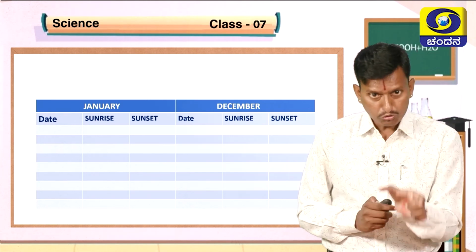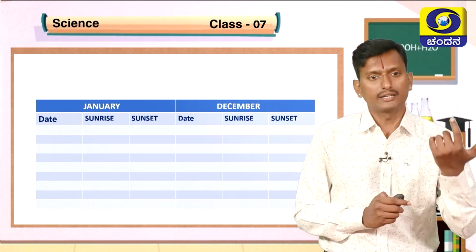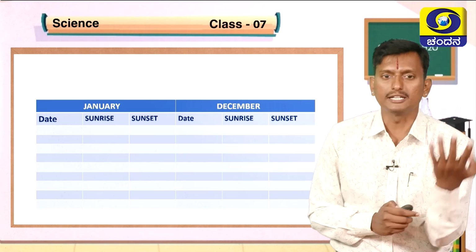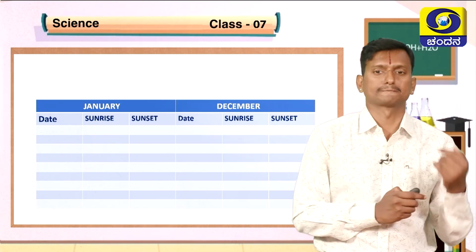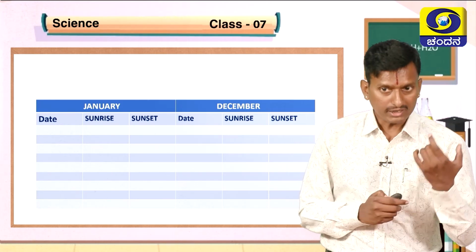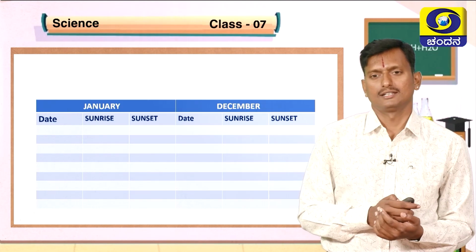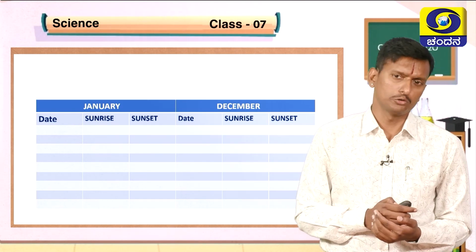So, you will come to know that in winter the sunset will be earlier than in summer. It is a long-term activity, a project, but it is very fun for you, so do the activities and enjoy.